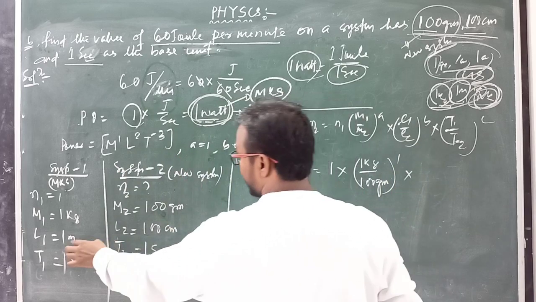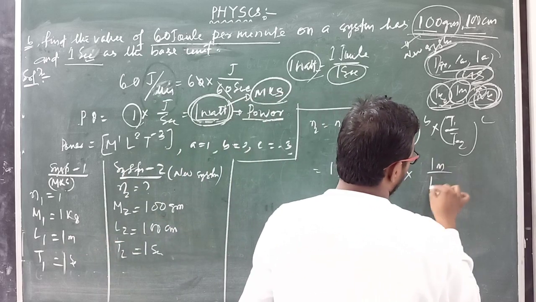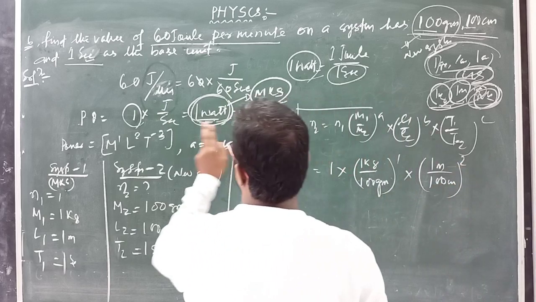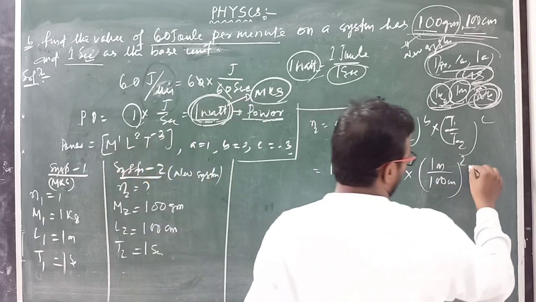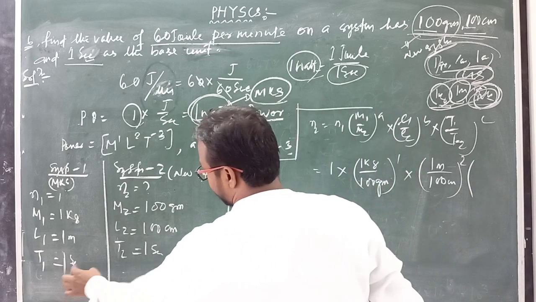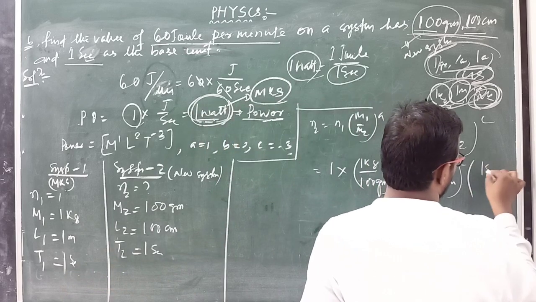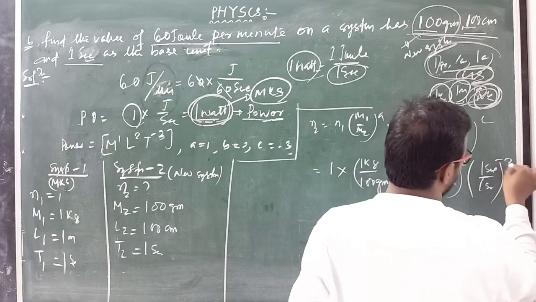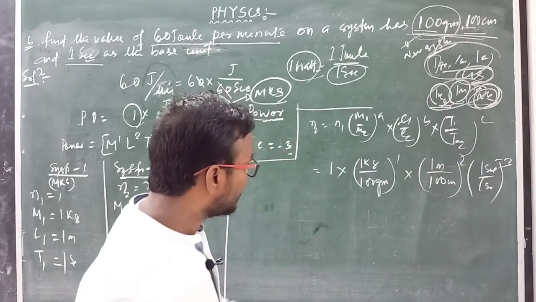Again L1 is 1 meter, L2 is 100 centimeter, and power 2. Next time here 1 second and here also 1 second, so 1 second divided by 1 second and power minus 3. Clear? Power is minus 3.